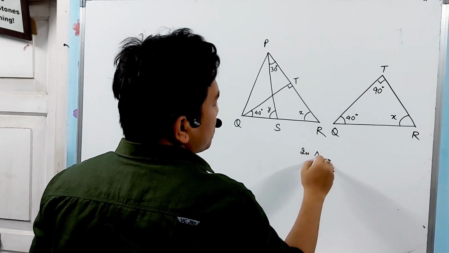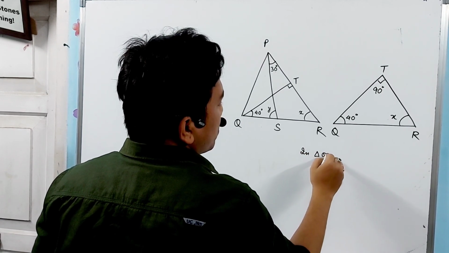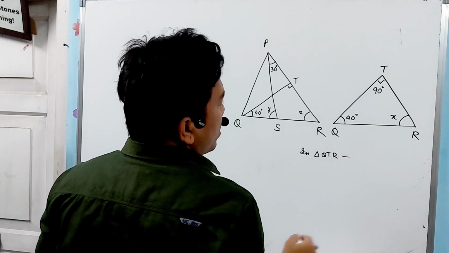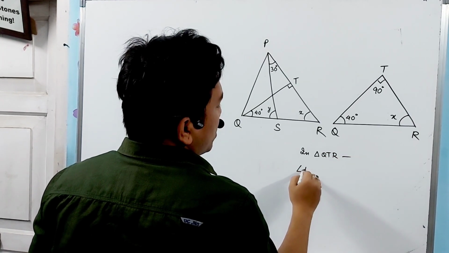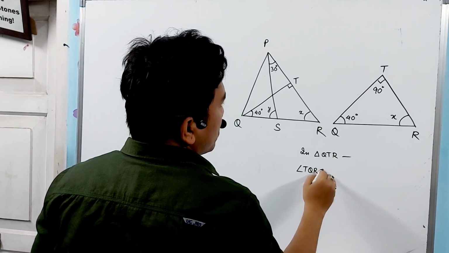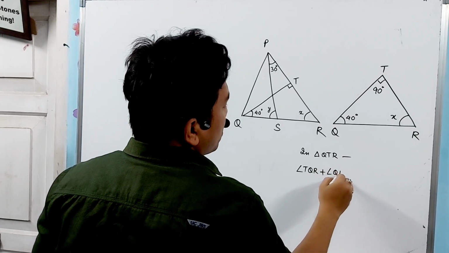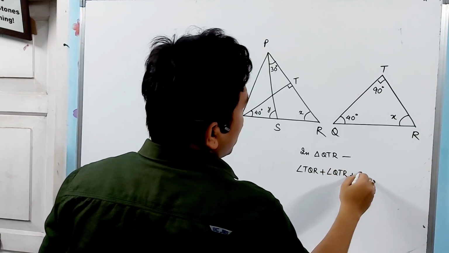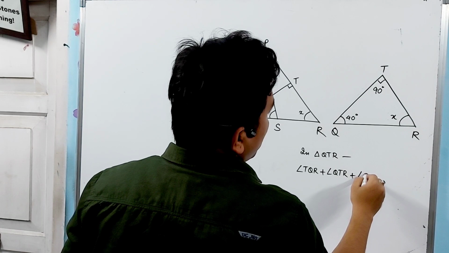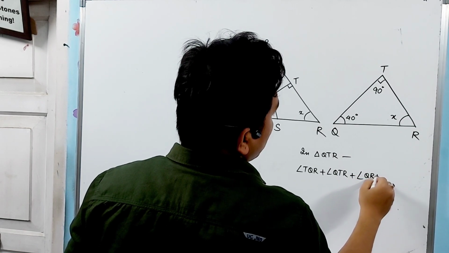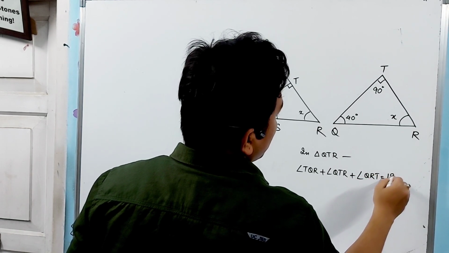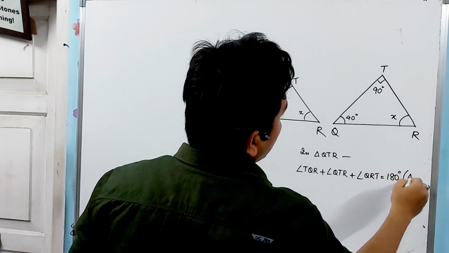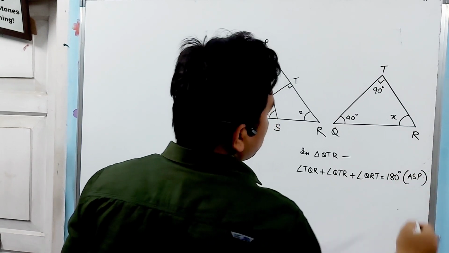In triangle QTR, what we have, angle TQR plus angle QTR plus angle QRT is equal to 180 degree according to angle sum property.